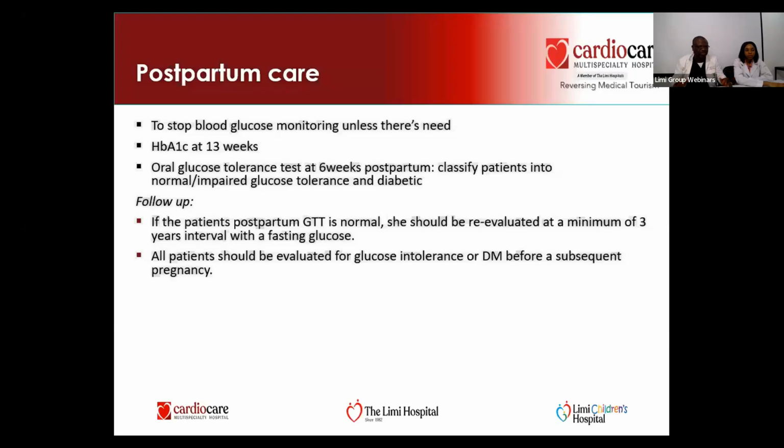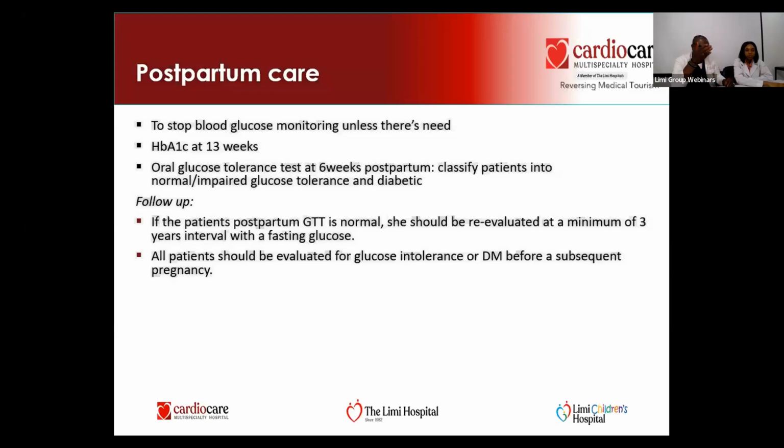So, like she said, you need to do HbA1c at 13 weeks, then OGTT at 6 weeks postpartum. That gives us insight. By that time, the resistance must have gone, but if it still continues, it becomes clear to you that this person has already moved to full-blown type 2 DM.